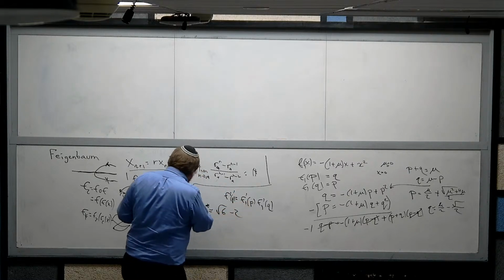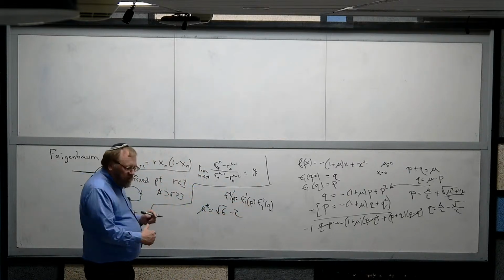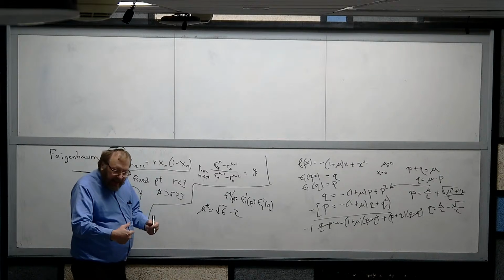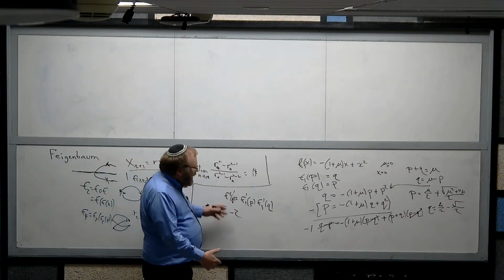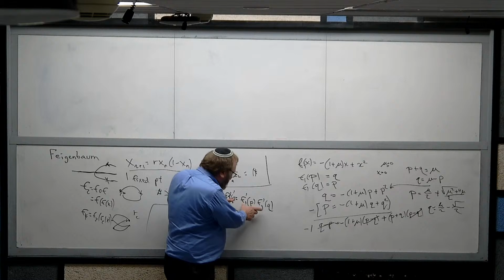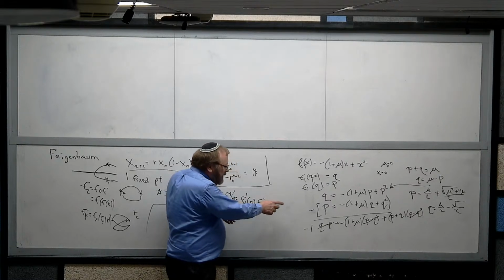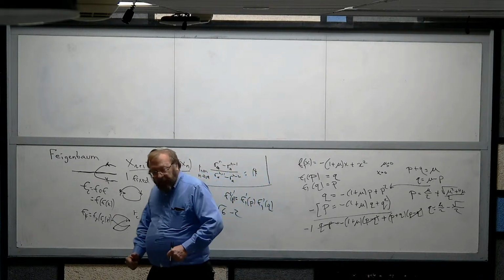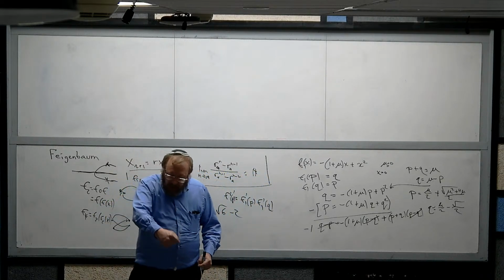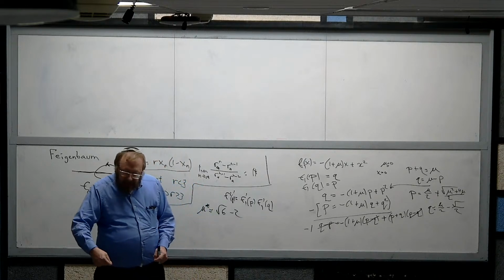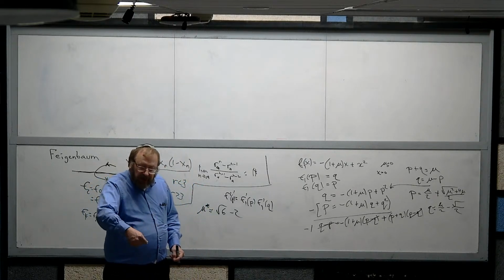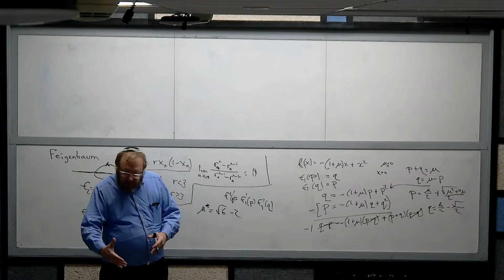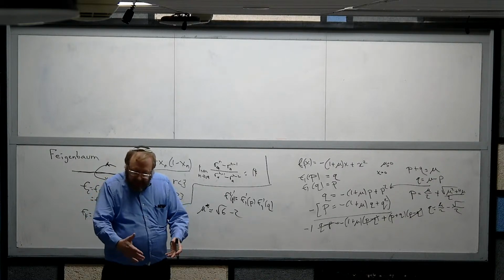There's the birth. The question is when the next bifurcation happens. The next bifurcation happens when P is a fixed point of F2. And now we can think about F2 as a map, right? When its derivative is minus 1, that's the sign of bifurcation.